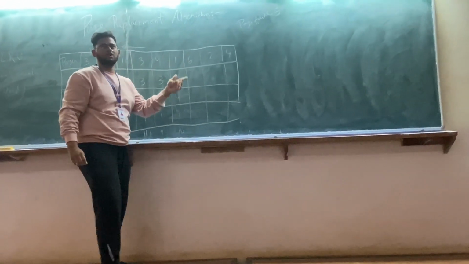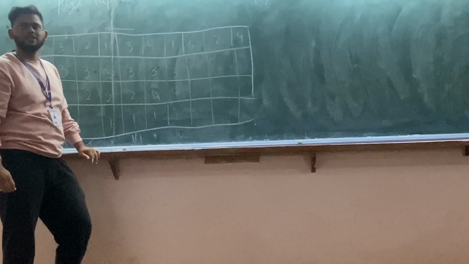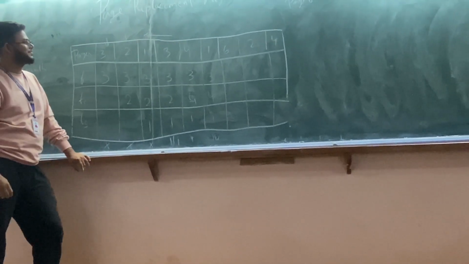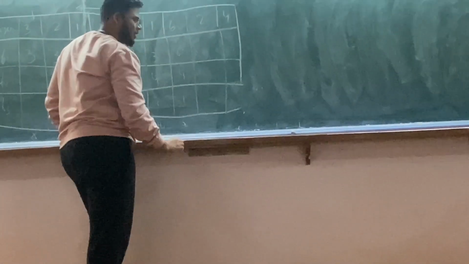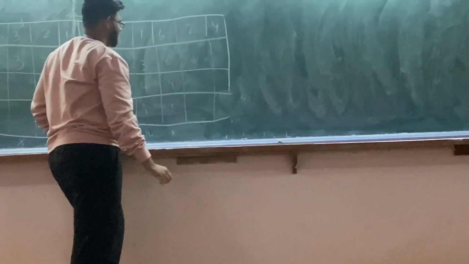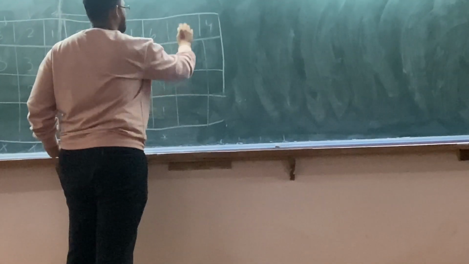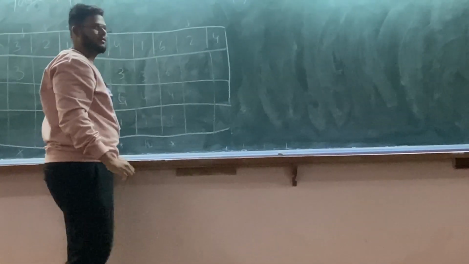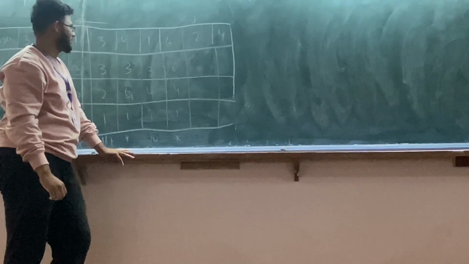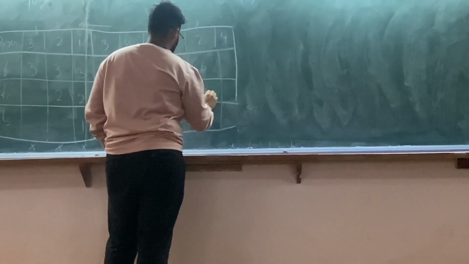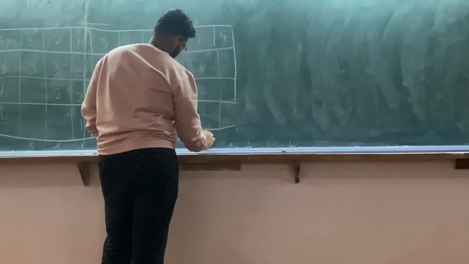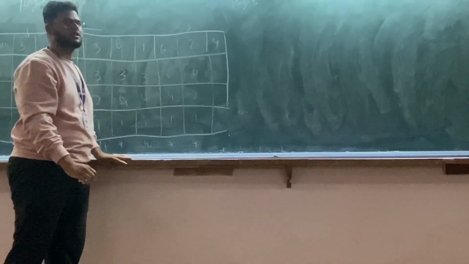Now 6 is not present. Which one do we have to replace? Is it a fault? So now 2 comes. 2 is present in the frame. Which one to replace? Now 4. 4 is present.